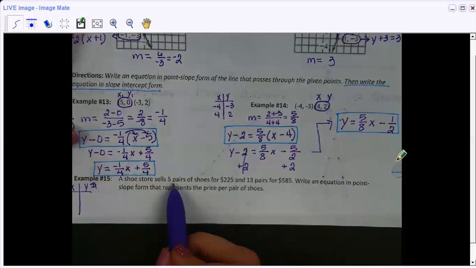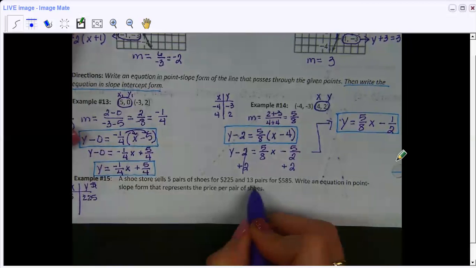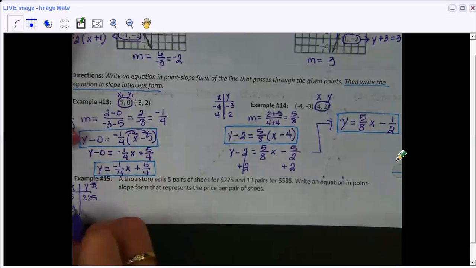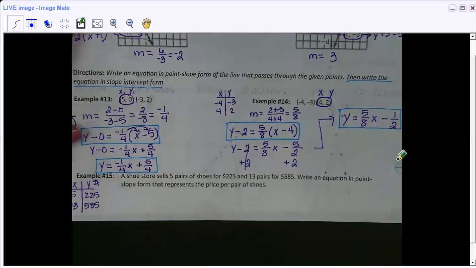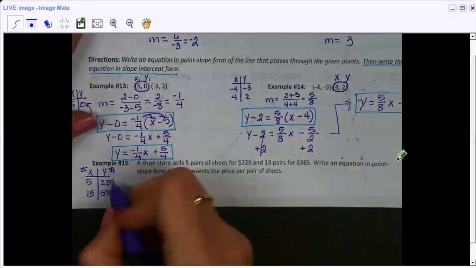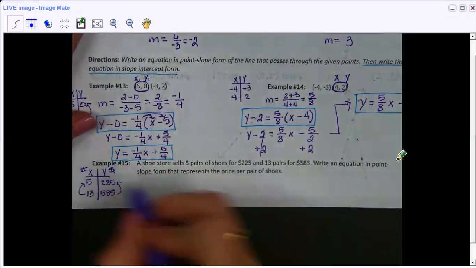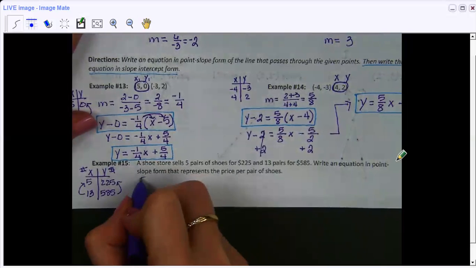So this says that if I buy 5 pair, I spend $225. And if I buy 13 pair, I spend $585. So with this information, I can now find my slope, okay? By using y2 minus y1 over x2 minus x1. So I'm gonna go ahead and do that.